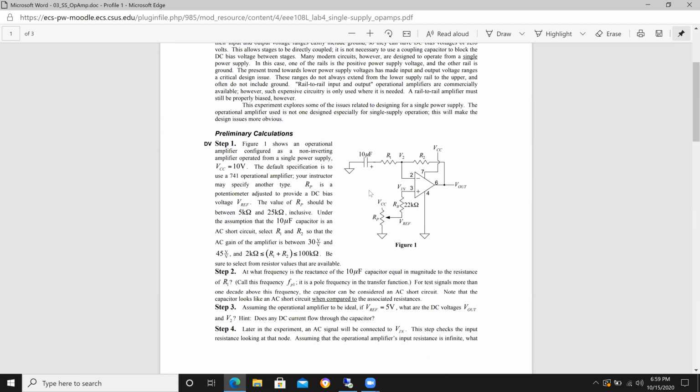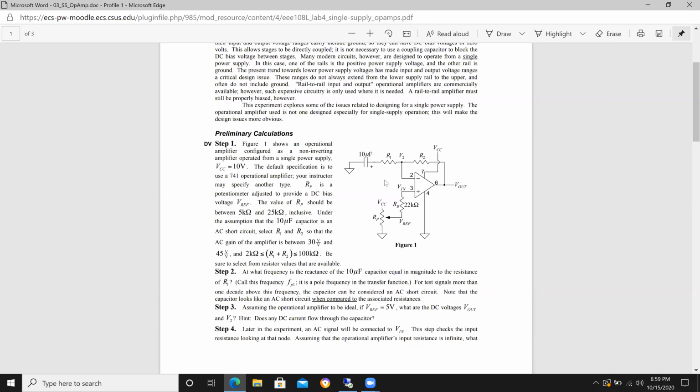Then you got your 1 over 2 pi FC equals the impedance looking down, right? So here's your general rule of thumb right here. These 2 are, more than likely, going to be a different frequency, okay? Let's just say one of them is like 5 kilohertz and the other one's 10 kilohertz, okay?